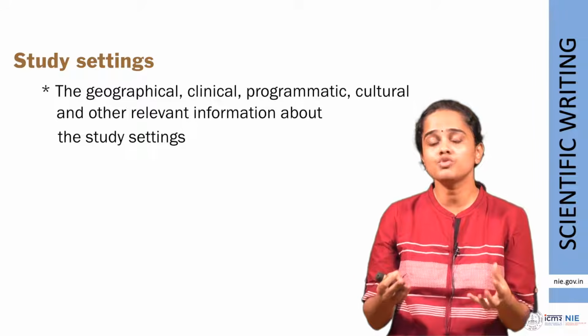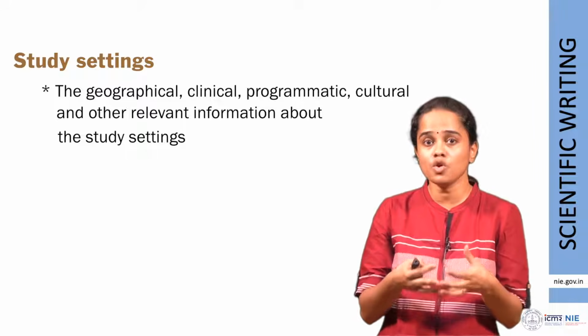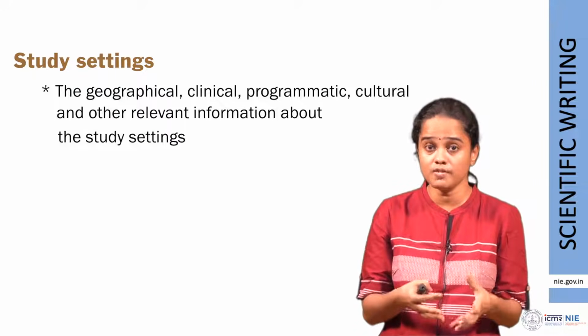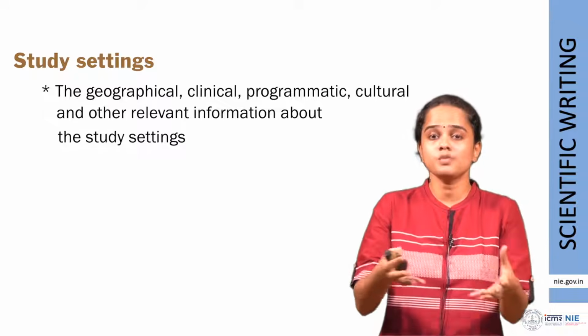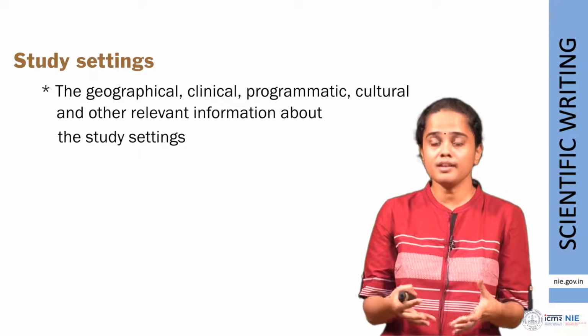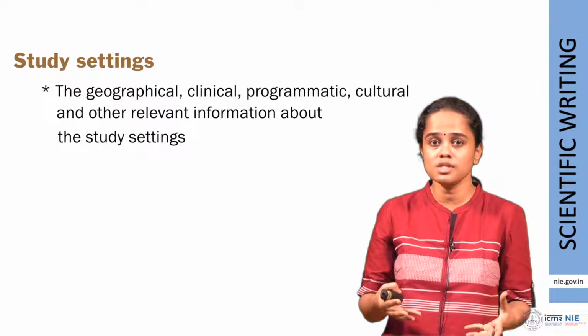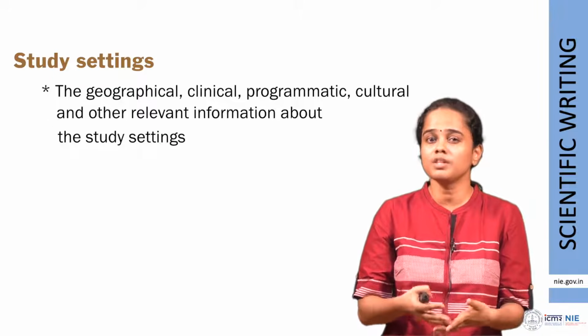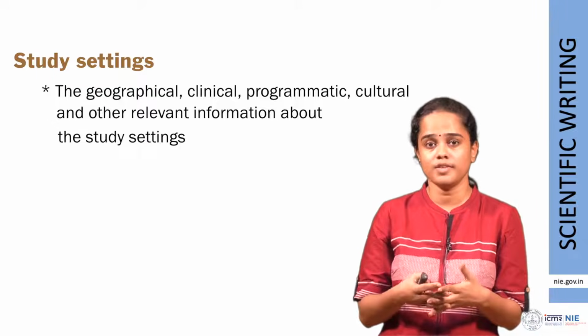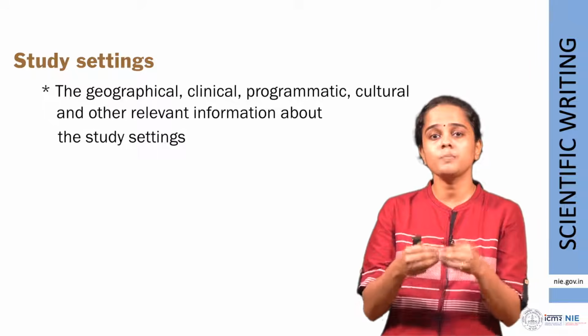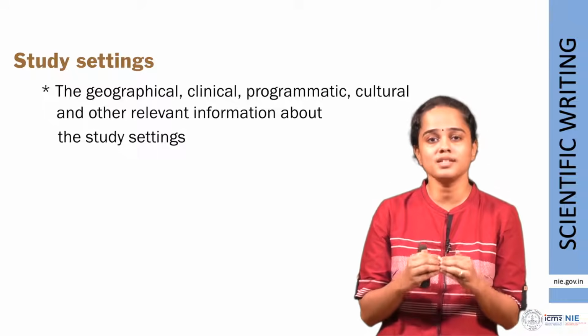For him to be able to understand your study which has taken place in Tirunelveli, he needs to understand this place called Tirunelveli. And let us say if you're talking about tuberculosis, he needs to understand something about tuberculosis in Tirunelveli. So that is the purpose of the section on study settings.